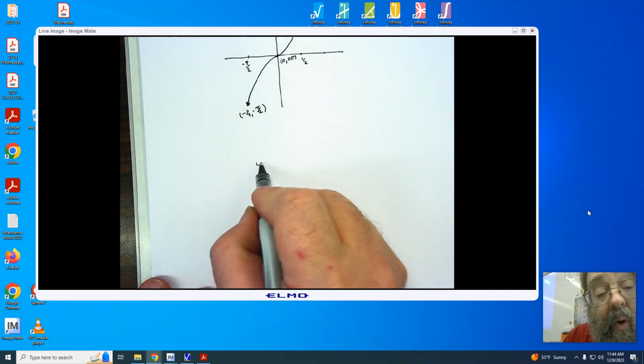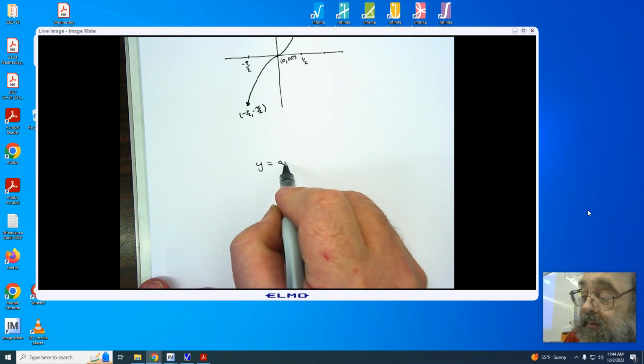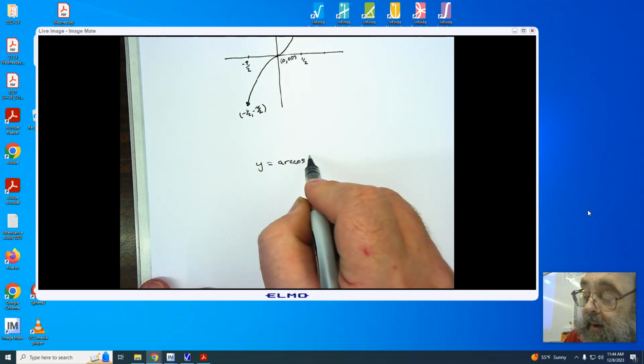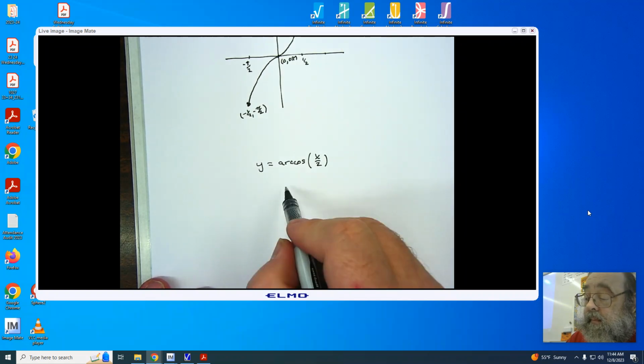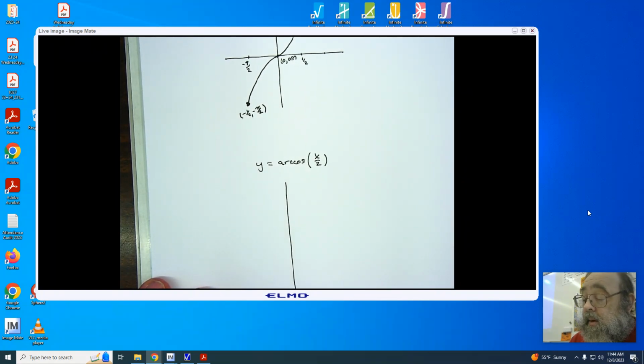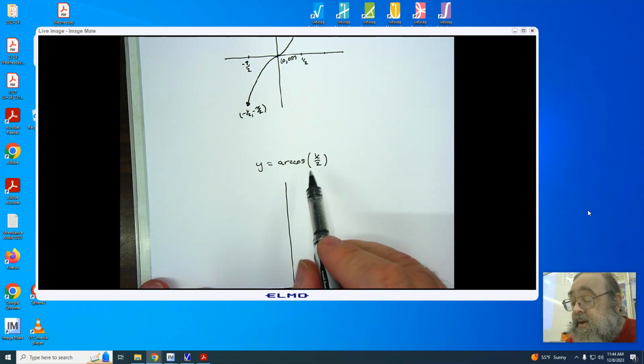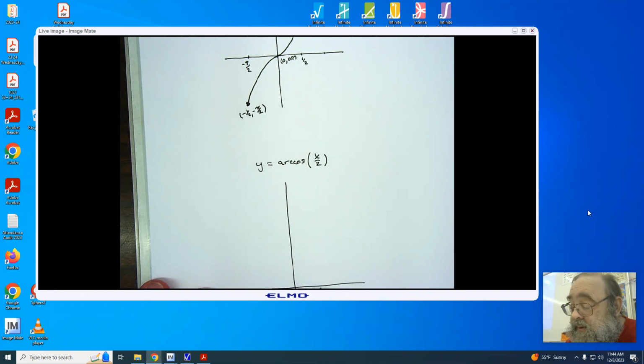Let's do y equals the arccosine, and this time we're going to do x divided by 2. Once again, the only thing that's being changed is our endpoints. So instead of going from 1 to -1, we're going to be going to 2 and -2.